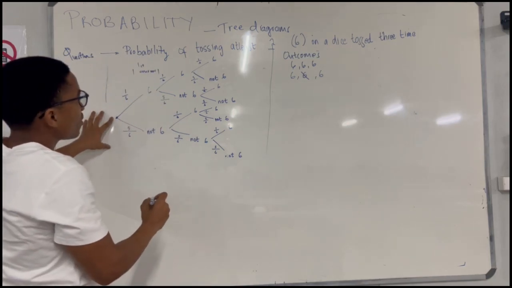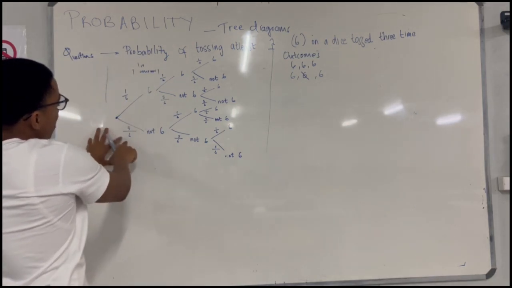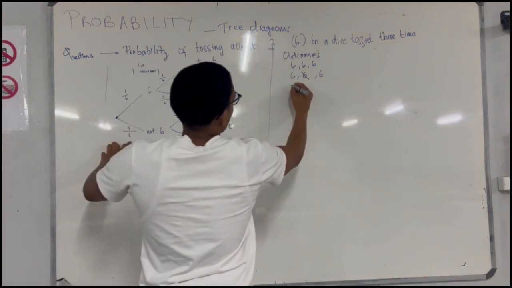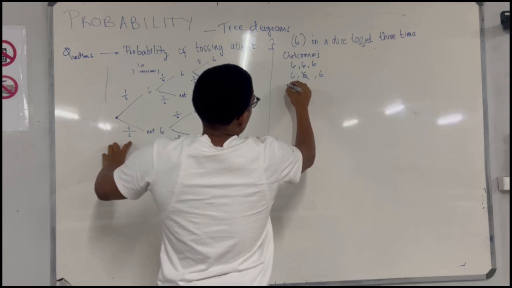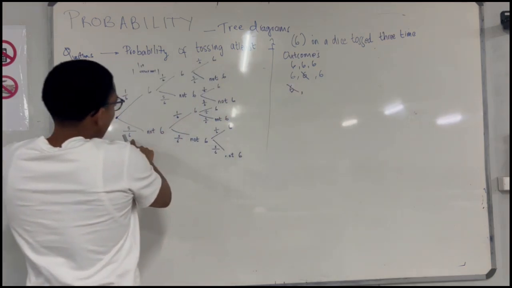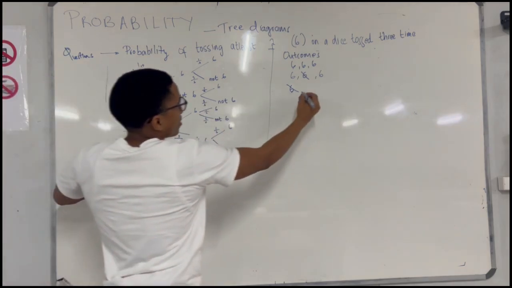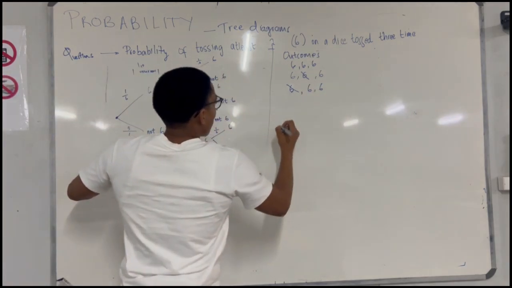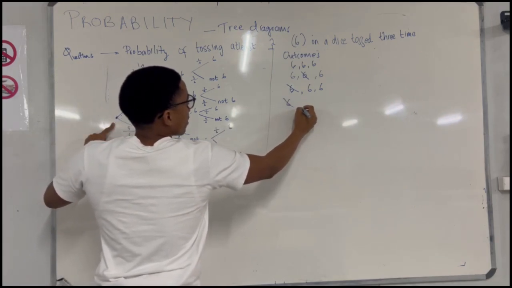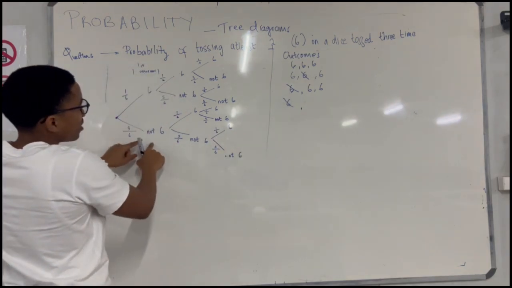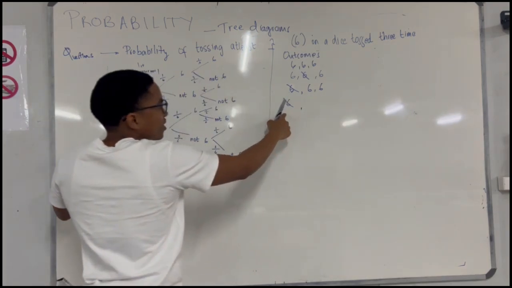And then for the other side, it's either you get a not 6, a 6 and then a 6, or a not 6, a not 6 and a 6.